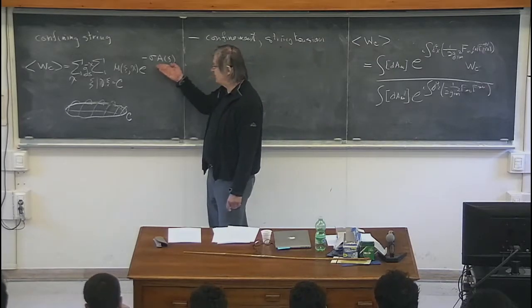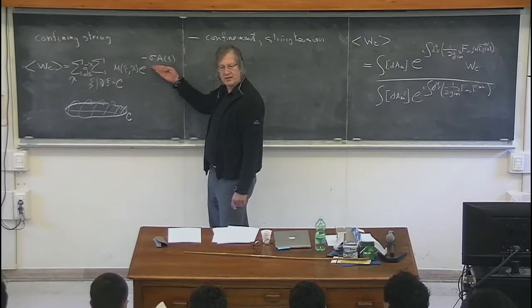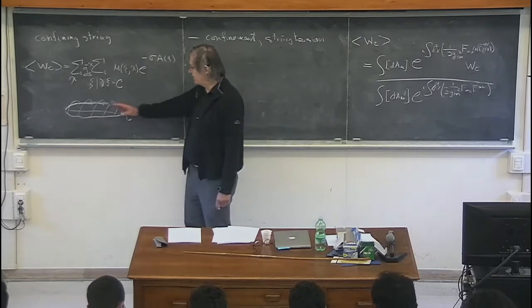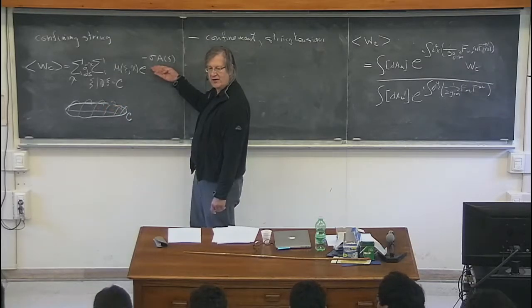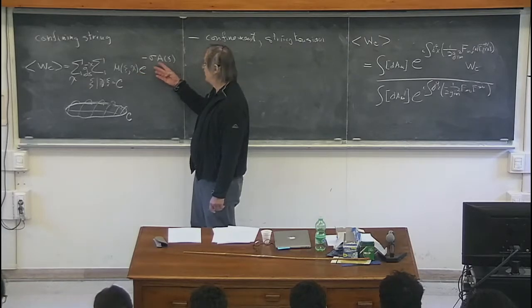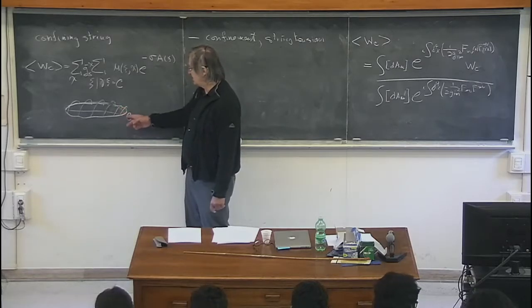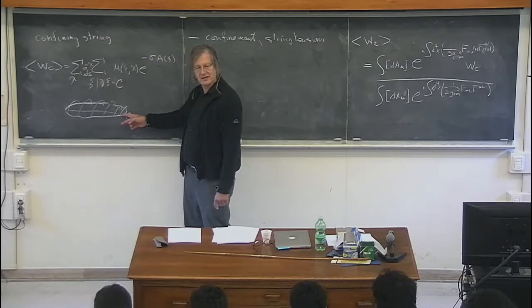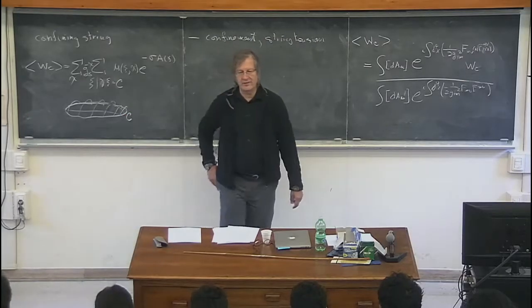Somehow the surfaces that dominate this sum would be ones that are fairly smooth, not that big, and then if you have a dominant surface, that would give you an area law, because this is the area of the disk of psi. Psi is not much different from the area inside the curve if this isn't too wildly fluctuating, and so you would get an area law out automatically.